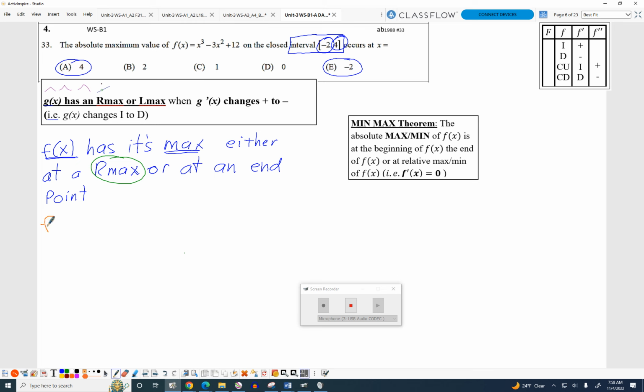F has a relative max when F prime changes positive to negative.